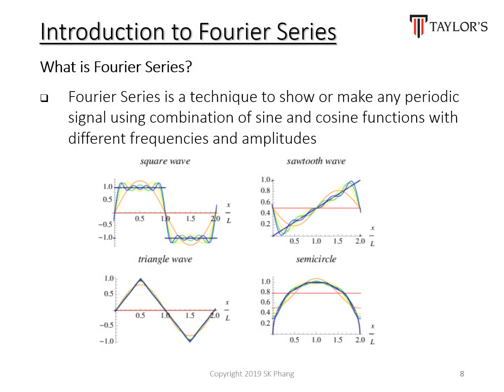We have 4 examples in this slide. The first example is a square wave. Let's say we have a square wave as our signal, and now we need to represent this square wave as a summation of multiple different sine and cosine waves. If you look at the orange graph here, this is just a single sine wave.